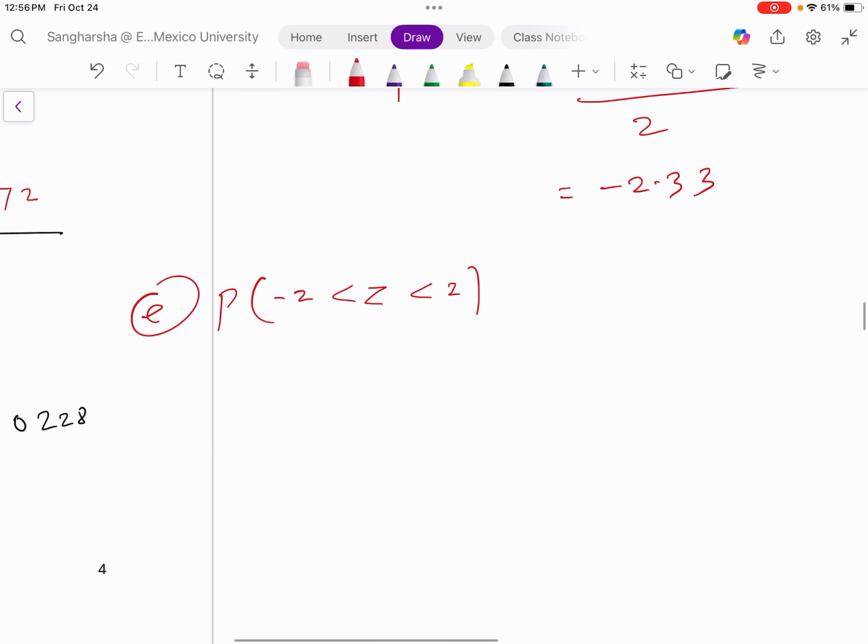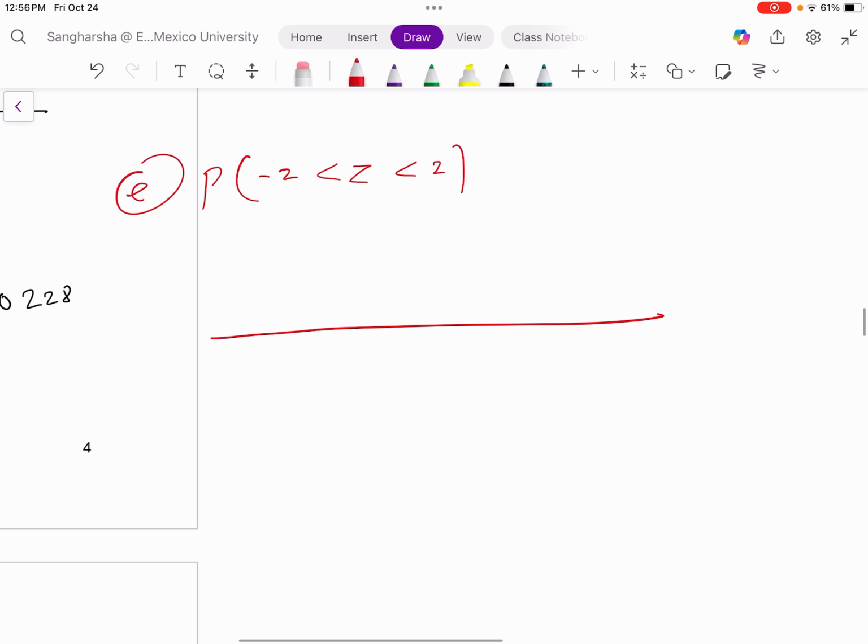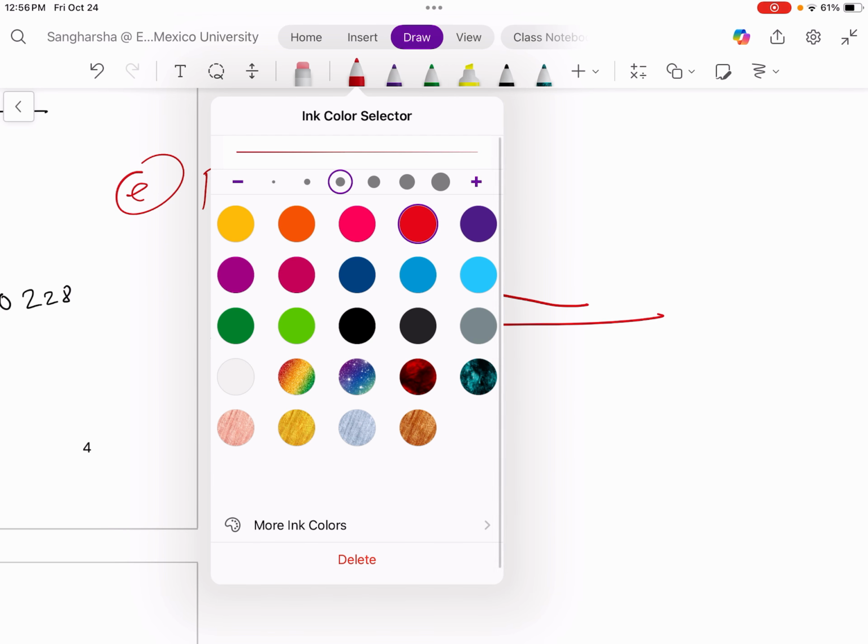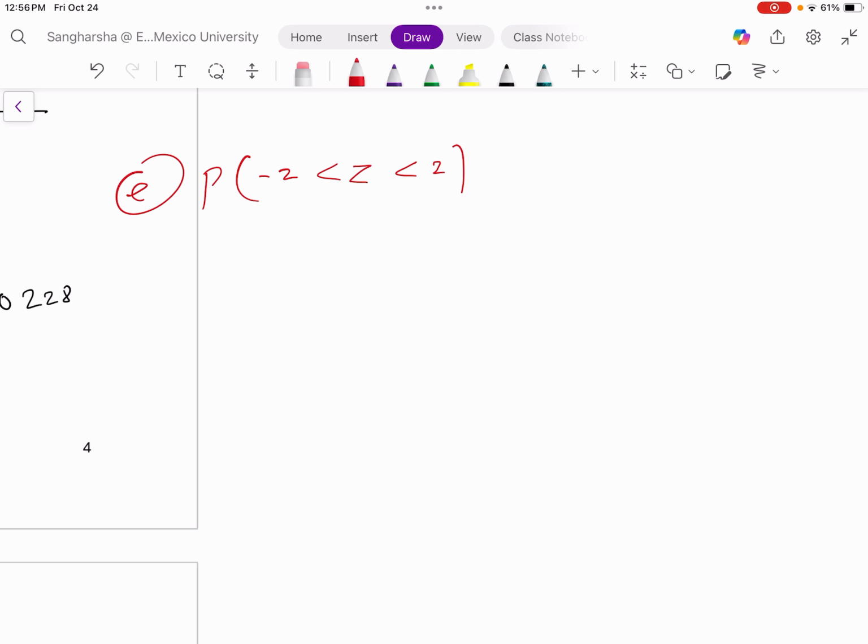The mean for the standard normal distribution is 0. -2 is somewhere here, +2 is here, and we want to find the area from -2 to +2.